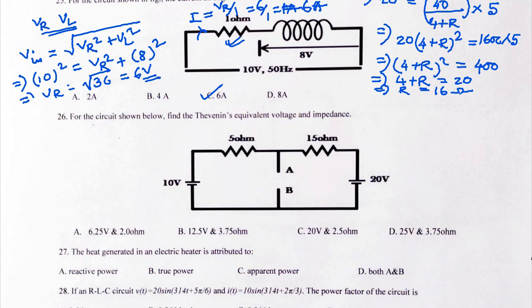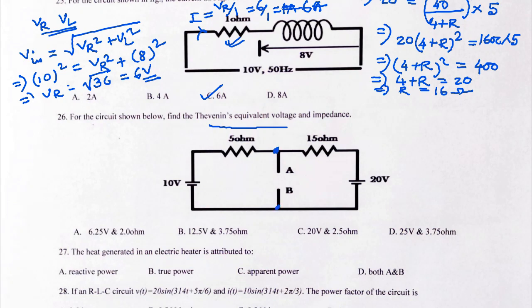Okay. So the question number 26, here you can see you have to find out the Thevenin's equivalent voltage and the impedance. So what is the Thevenin equivalent voltage? That means the voltage across these two terminals AB. So let us take this point and this point where we are trying to measure the voltage.